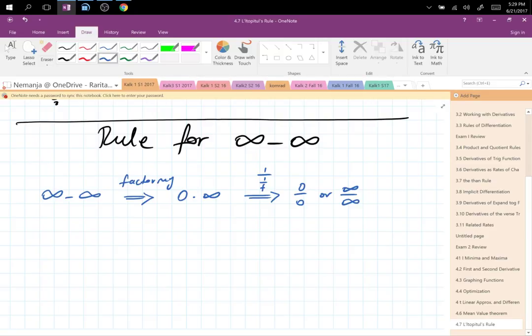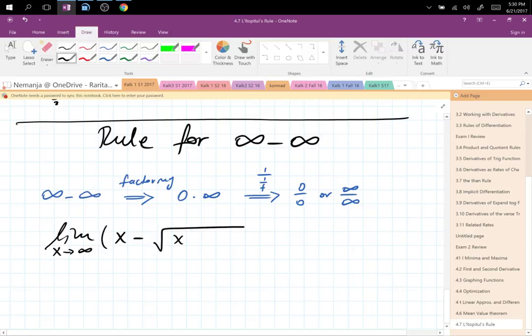Once you have that done, just make sure you don't mess up algebra, you'll be just fine. Now I know it's asking a lot, but let's take a look at the wonderful example. Limit x goes to infinity of x minus the square root of x squared minus 3x. So this is the situation where you have infinity minus infinity.